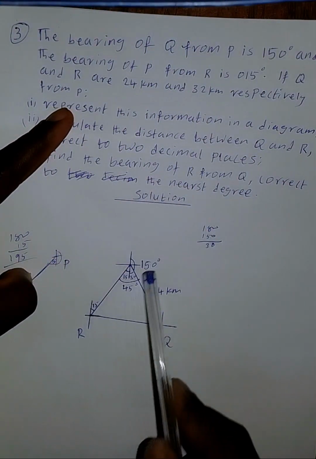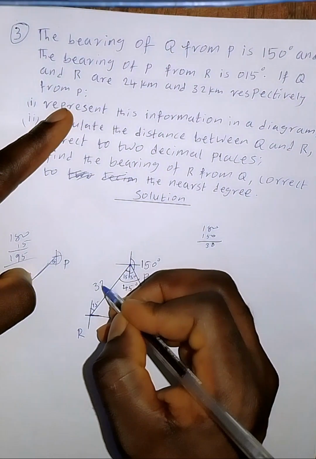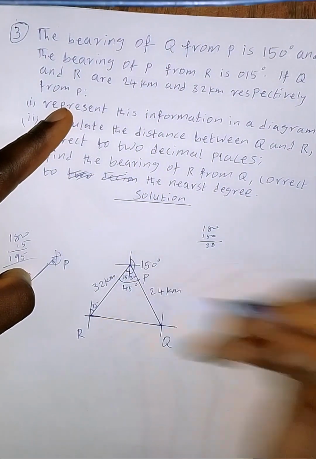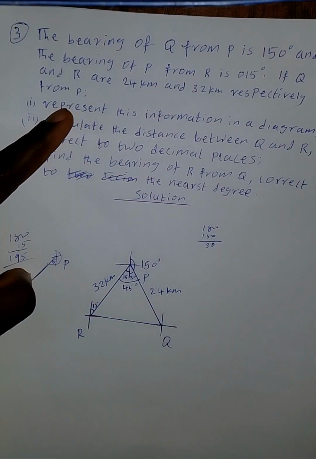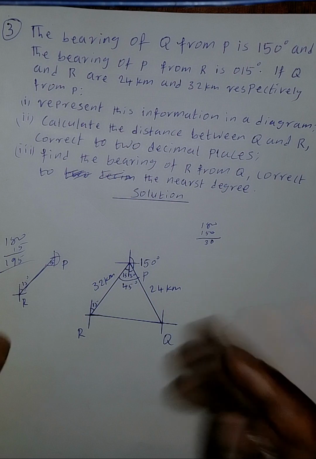Good. R from P is 32 kilometers. Yeah, this is the correct one. Don't mind me, I'm talking about kilometers. That is the unit. So this is the information.